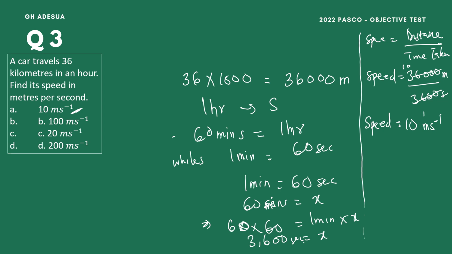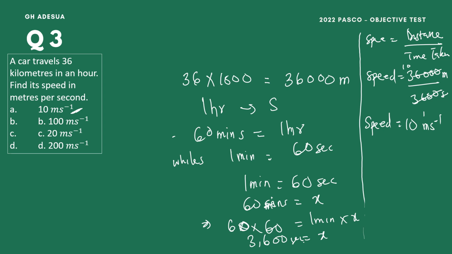Kindly pause or playback if there's any confusion anywhere. Just bear in mind, you would have to read the question carefully. That is, a car travels 36 kilometers in an hour, and you are being asked to find its speed in meters per second.